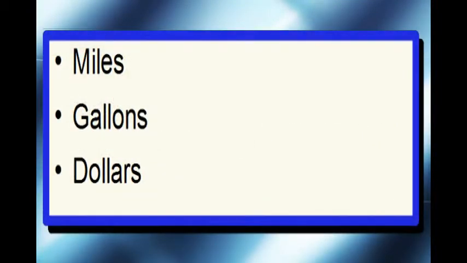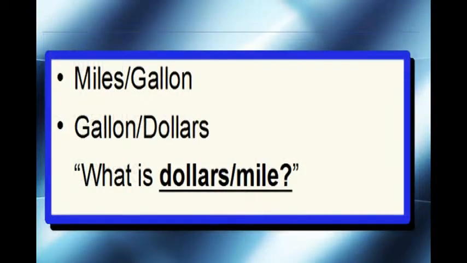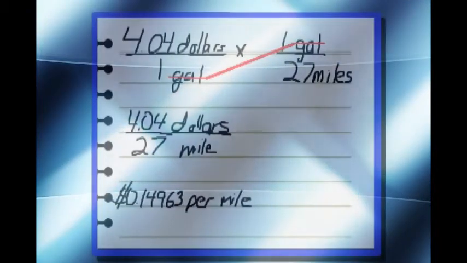So I have 3 units, miles, gallons, and dollars. I currently have 2 rates, miles over gallons and dollars over gallon. I can use this information to determine what is the cost per mile traveled, or what is dollars per mile. If you have a unit on top of your ratio and a matching unit on the bottom of your ratio, they will cancel out.